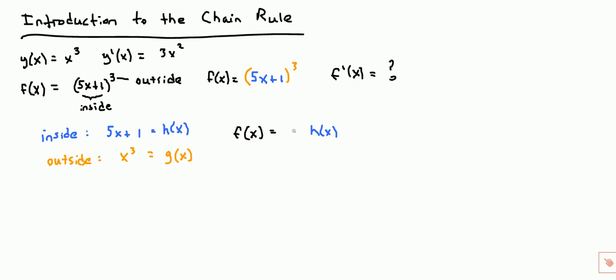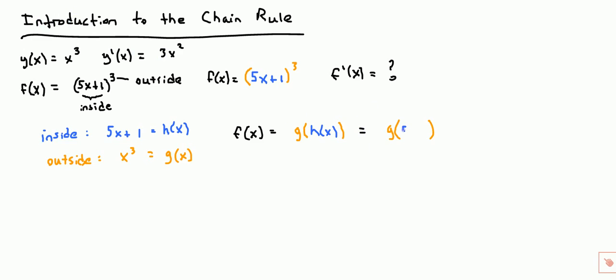So then we're doing g of h of x. Let's check to make sure that that makes sense. G of h of x. Okay, that's going to be g of h of x. What is h of x? It's 5x plus 1.